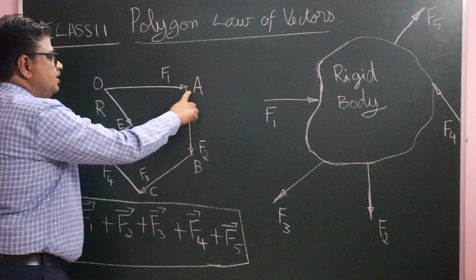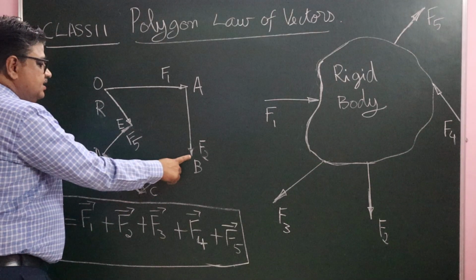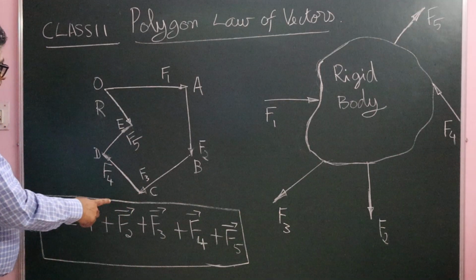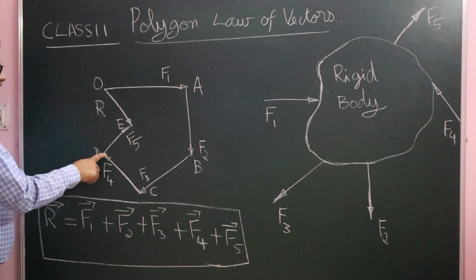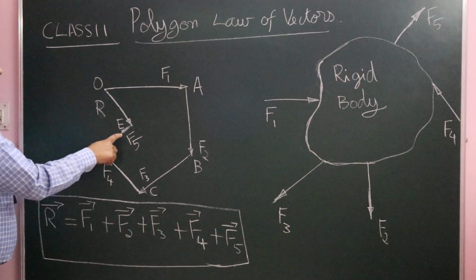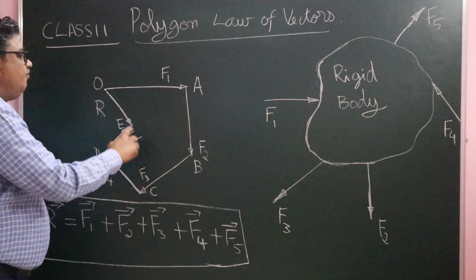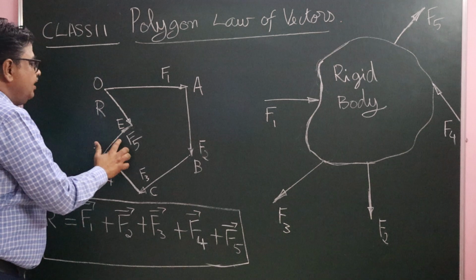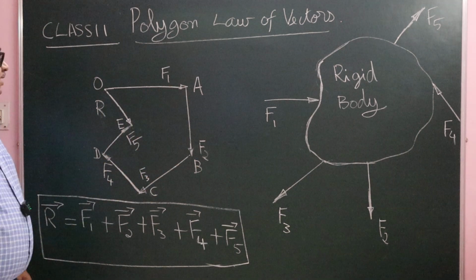Then this is F2, this is the tail, this is the head. F3, this is the tail, this is the head. F4, this is the tail, this is the head. F5, this is the tail, this is the head. So 5 forces F1, F2, F3, F4, F5 form the 5 sides of a polygon, right?